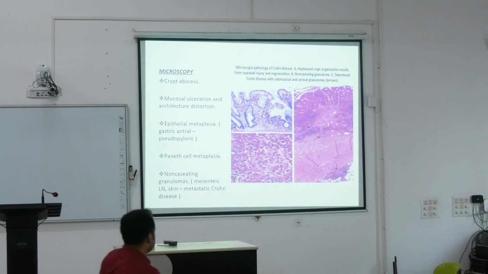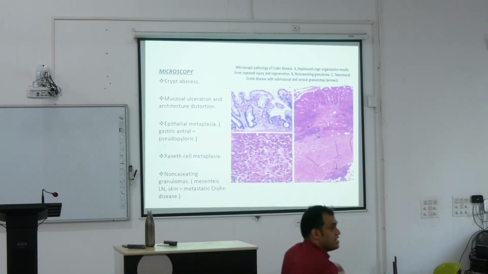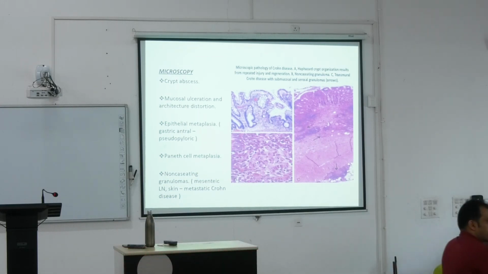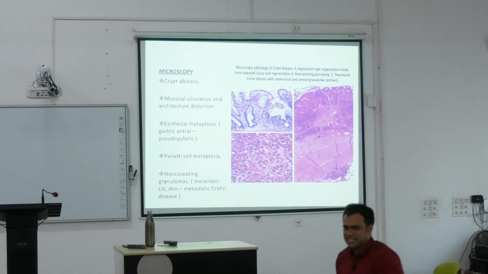So Crohn's disease is very important. Non-caseating granulomas you get in mesenteric lymph nodes. Sometimes you find cutaneous granulomas, meaning these nodules will be present in various parts of the skin. That is when it is arbitrarily referred to as metastatic Crohn disease. Of course, this is not a tumor that will metastasize.